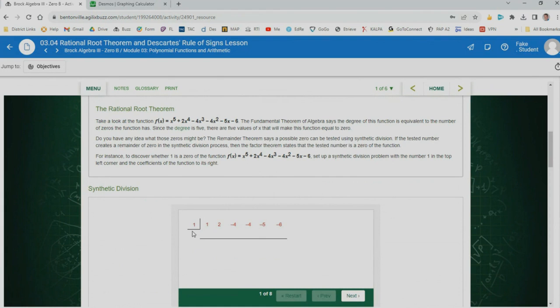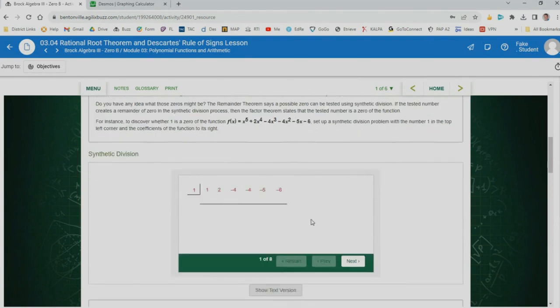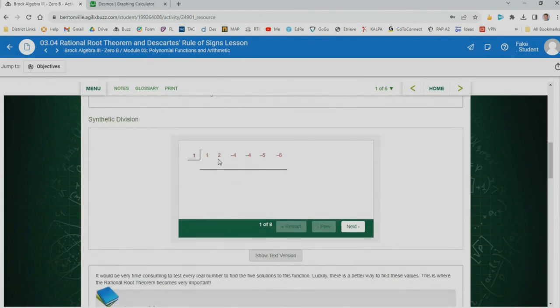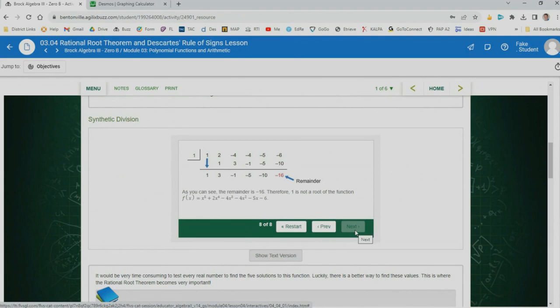It says checking to see if 1 is one of the solutions. That's one of the things we did. We went through the synthetic division with 1, and we found out that 1 was not a solution. And they walk through it here too. So if you want to go back and review synthetic division, they're doing it right here because they come up with that remainder of negative 16, which says this is not a solution. We did the same thing.